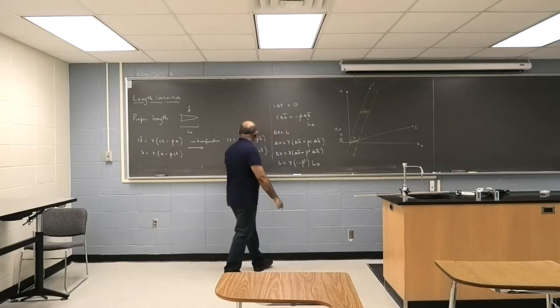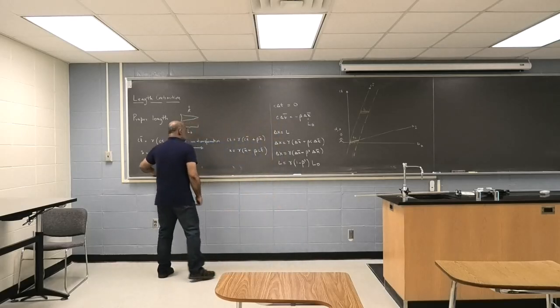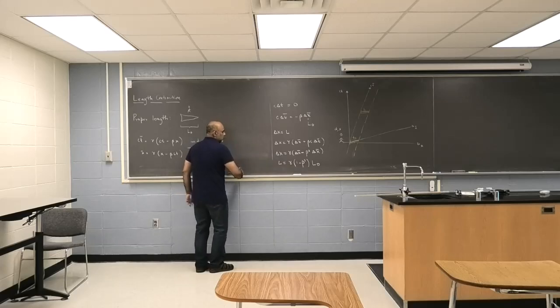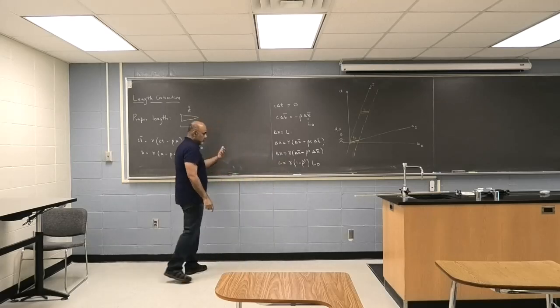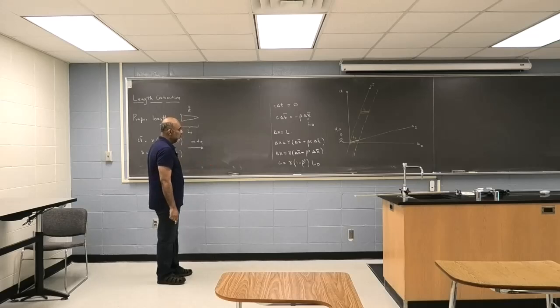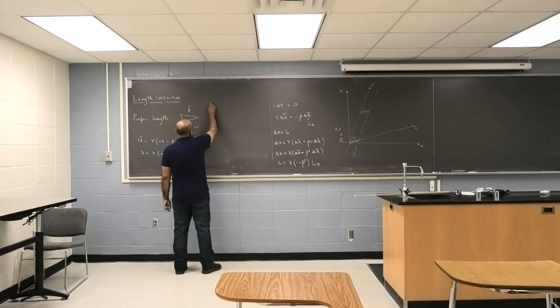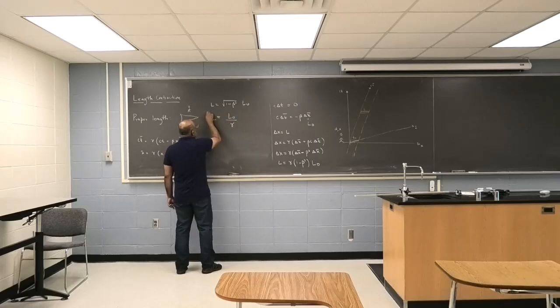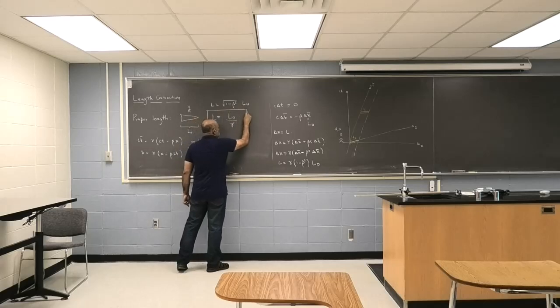And so, gamma is 1 over square root of 1 minus beta squared. So I would get L is equal to 1 minus beta squared L0, or L is equal to L0 over gamma, and this is the result we want.